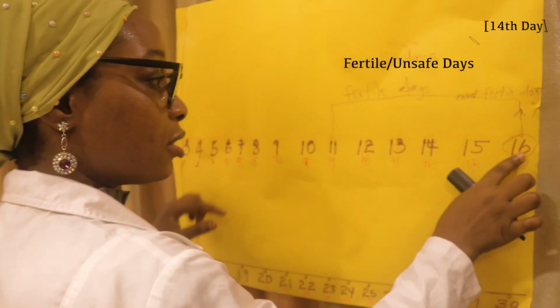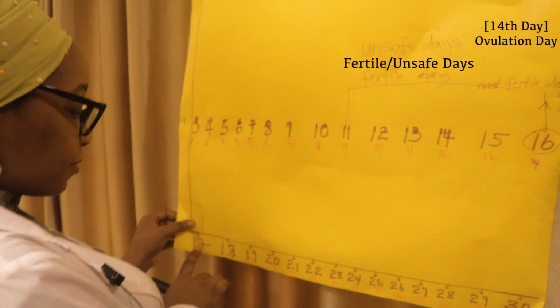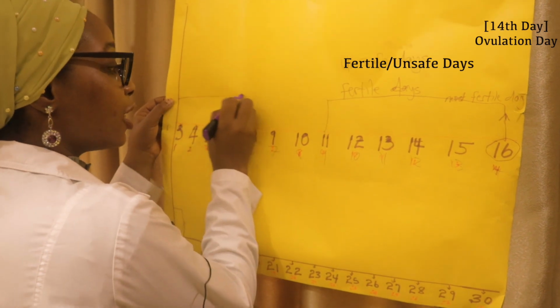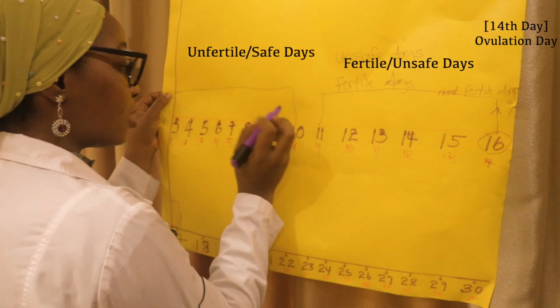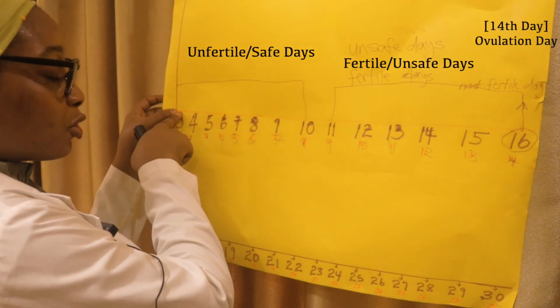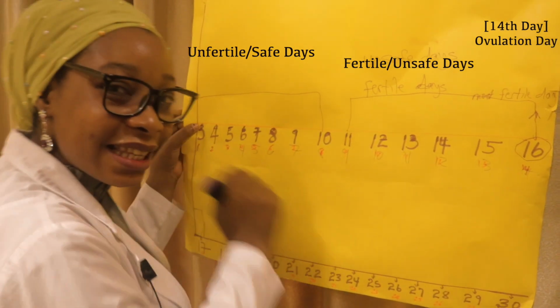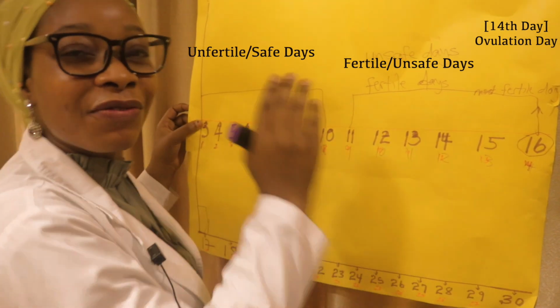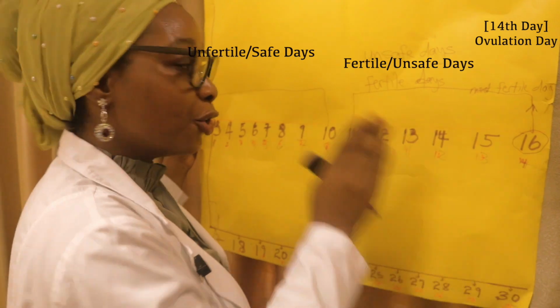These are your unsafe days, up to the 17th day of your period. So from the first day of your menstruation, which is on the 3rd of this month, or any time your menstruation started in the month, from that day till five days before your ovulation, you are safe.